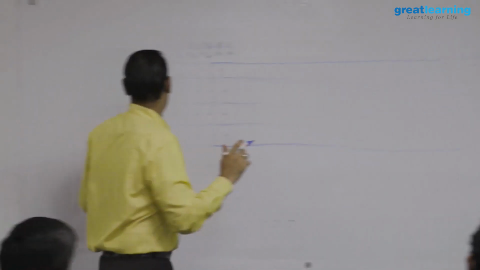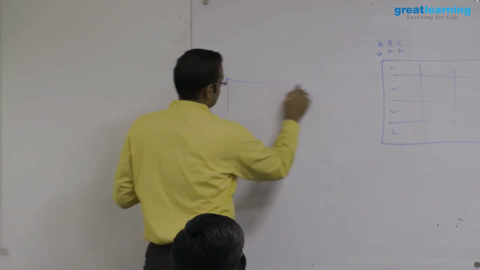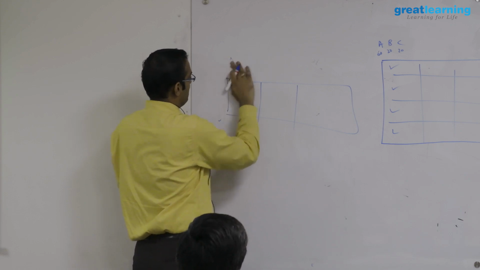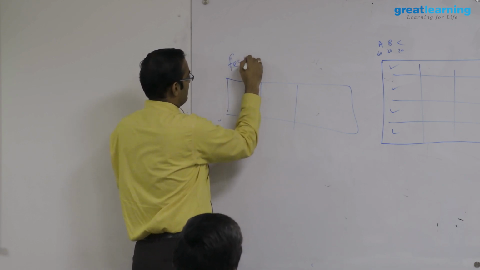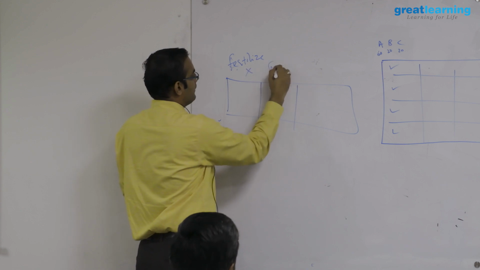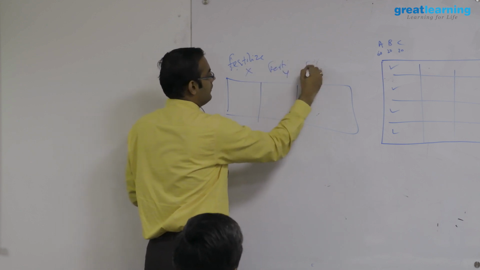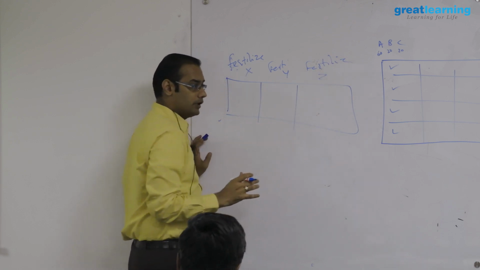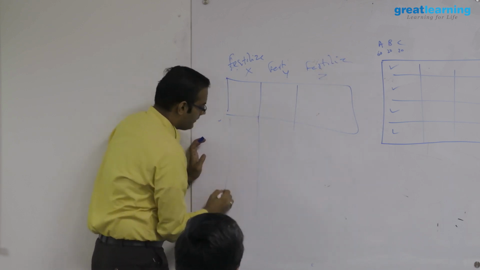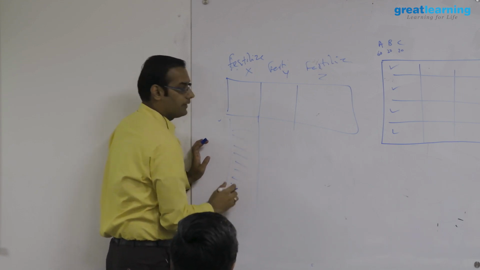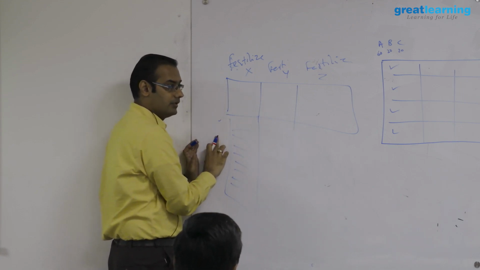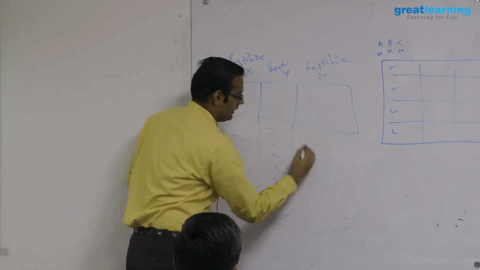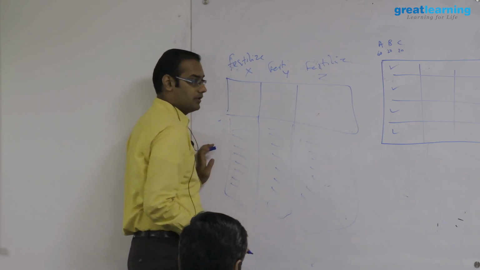So in a one-way ANOVA, what we have is simply, I got say fertilizer X, fertilizer Y, fertilizer Z. Here probably there are many experiments happening, so that finally I get the mean and standard deviation of this. Here there are many experiments happening, I get mean and standard deviation. Here too, many experiments, mean and standard deviation.